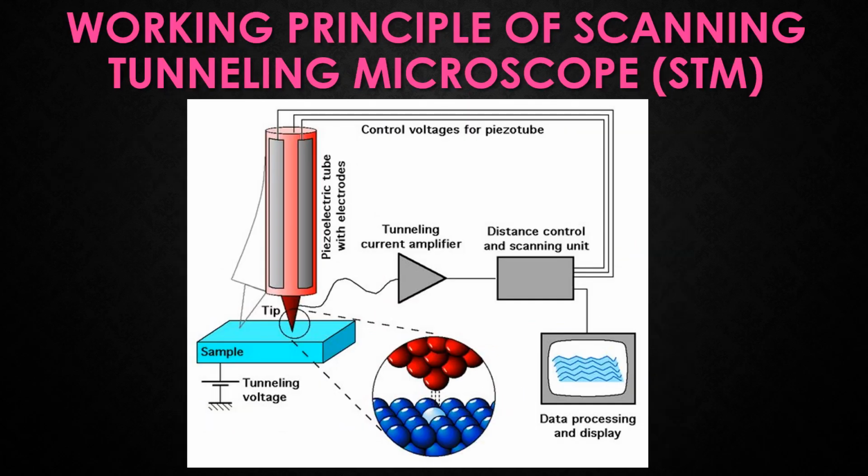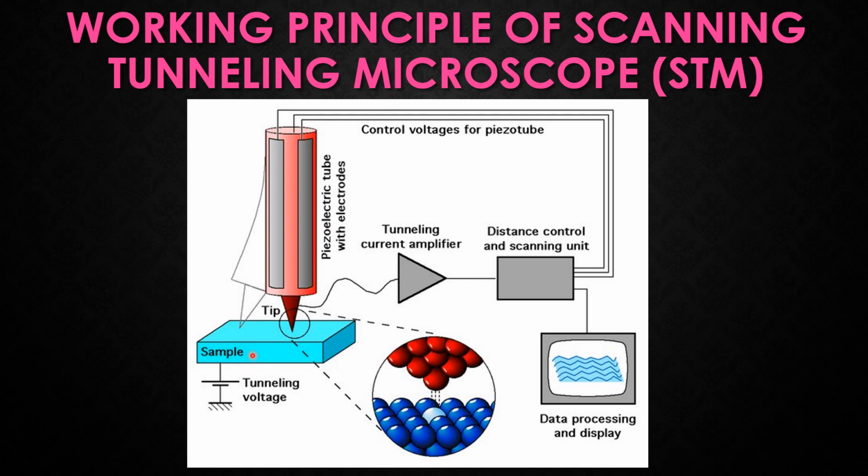This slide shows the working principle of the scanning tunneling microscope. The main component is a rigid metallic probe tip, which is typically composed of tungsten, and this tip is connected to a piezo drive which contains three perpendicular piezoelectric transducers. The tip is brought within a fraction of a nanometer of an electrically conducting sample.